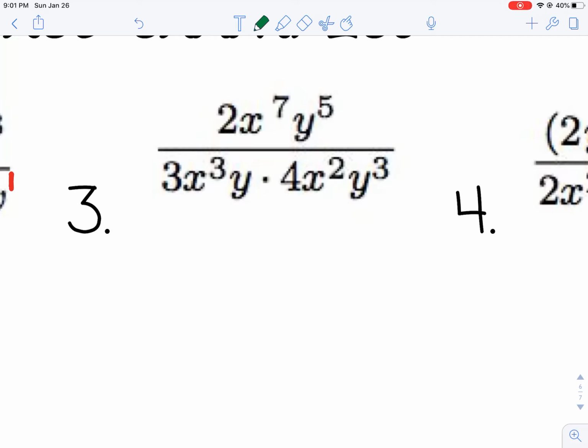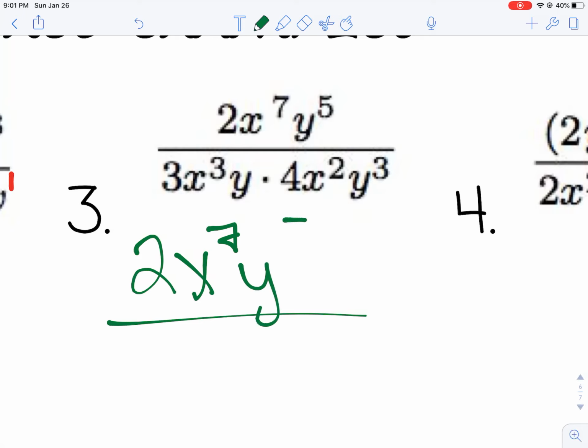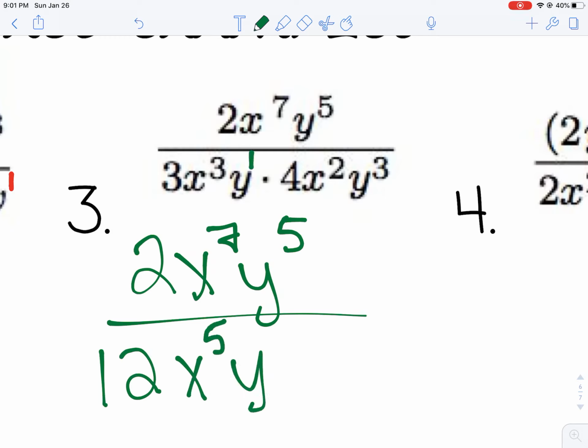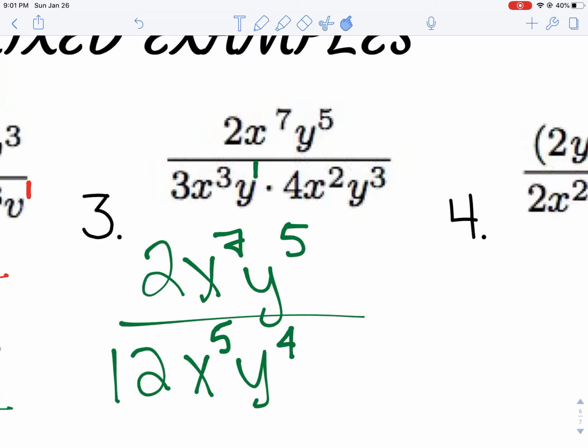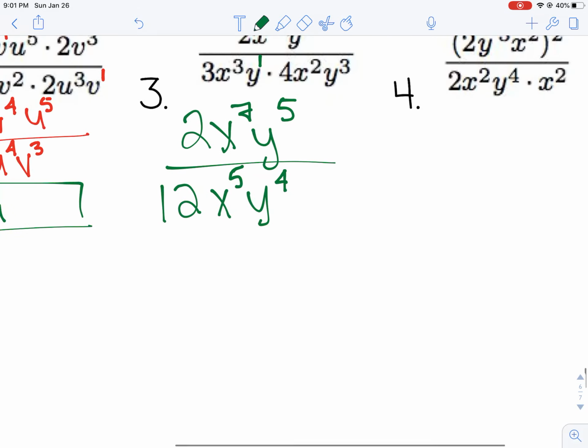All right, number 3, I would simplify the bottom first. So 2x^7y^5 is just going to hang out. I need to clean up that denominator. So 3 times 4 is 12. If I look at my x's, I have 3 x's and 2, so a total of 5. And then 1 y and 3, so a total of 4 when I do that product rule, okay?